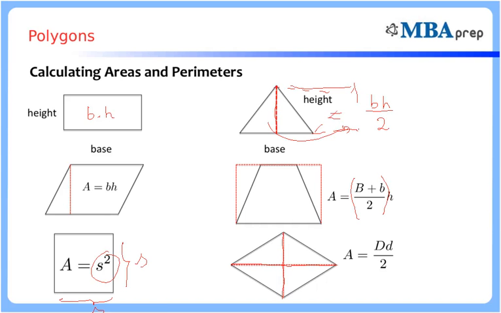This is the large base, this is the small base, the average times height. It's pretty much like making it a rectangle as well. But formulas are important in the quantitative section, but definitions are even more important.